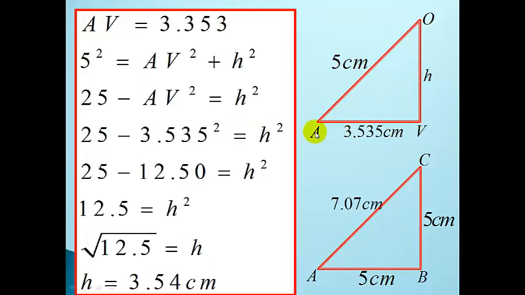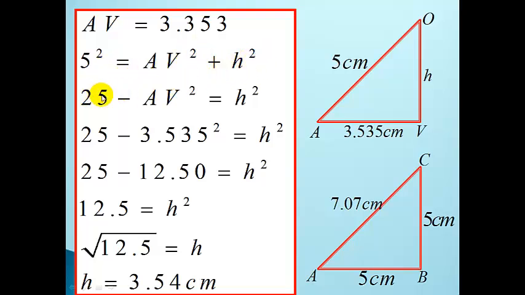Now, we know that AV is 3.535, as we saw previously. And the distance from O to A is 5 centimeters. And we are searching for the height. So from the Pythagoras theorem, 5 square is equal to AV square plus H square.